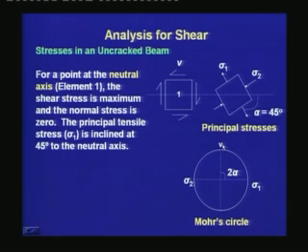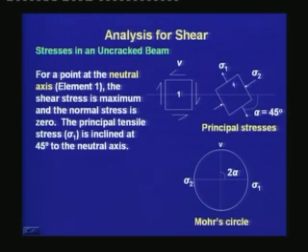Thus, if we try to understand the state of stress with the help of a Mohr circle, what we see is that for the vertical and the horizontal surfaces, the state of stress is the top and the bottom of the Mohr circle, where there is shear stress V, but there is no normal stress.